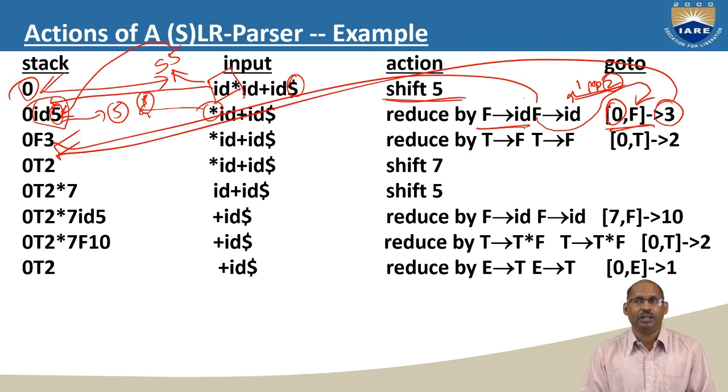The number of elements on the right side of the production is 1. So pop double the number. So ID and 5 both are popped from the stack.